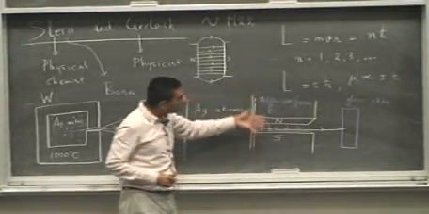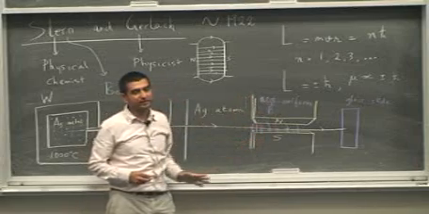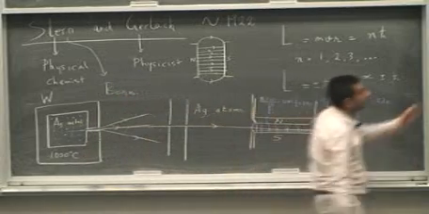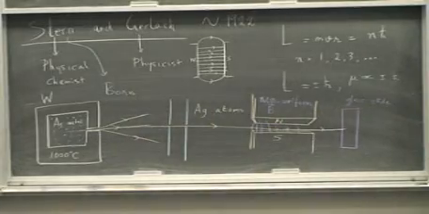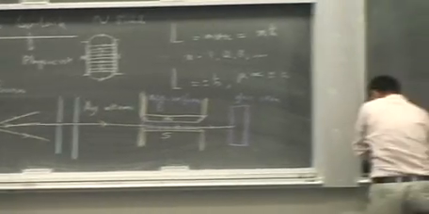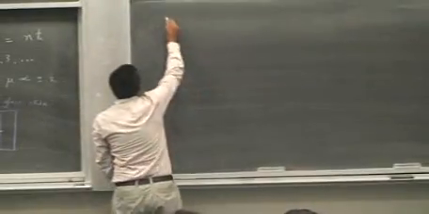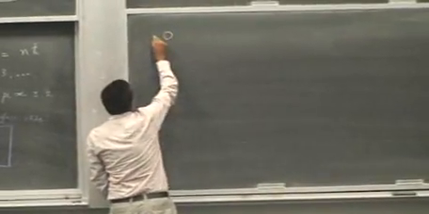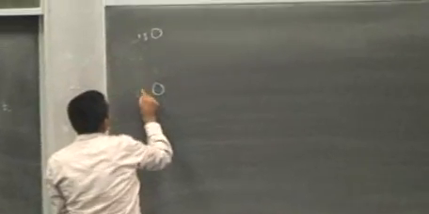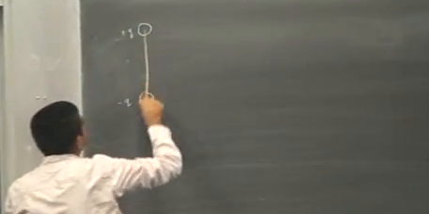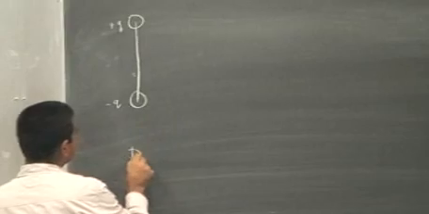Now why did we have a non-uniform magnetic field? Okay, it's very important to understand this. Let me ask you a question. You have an electric dipole, plus q minus q, and this is the electric dipole moment.